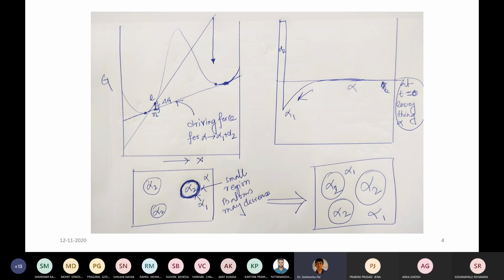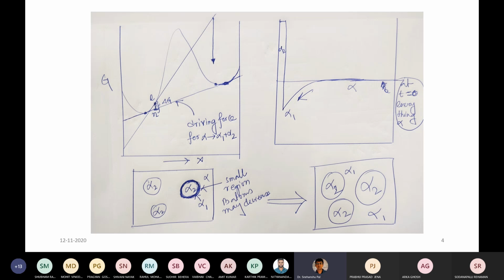If you look after certain times, alpha 2 is growing in the last figure of the slide, and the overall matrix transforms to alpha 1. So now there are two phases, alpha 1 and alpha 2. You can say that in the alpha 1 matrix, an alpha 2 precipitate comes out. To get that, a fluctuation is required in the atoms, and the atom itself vibrates.